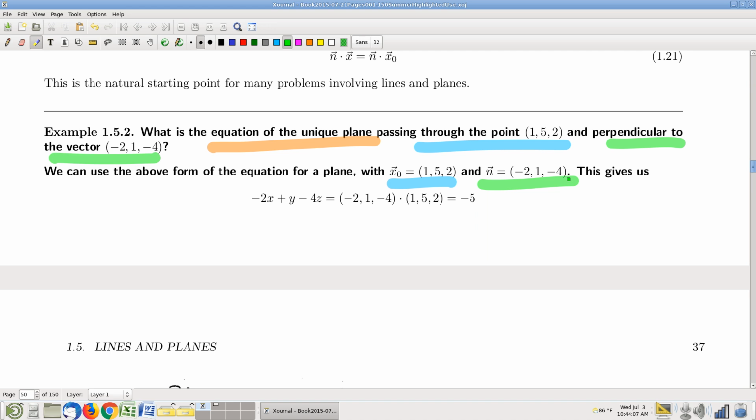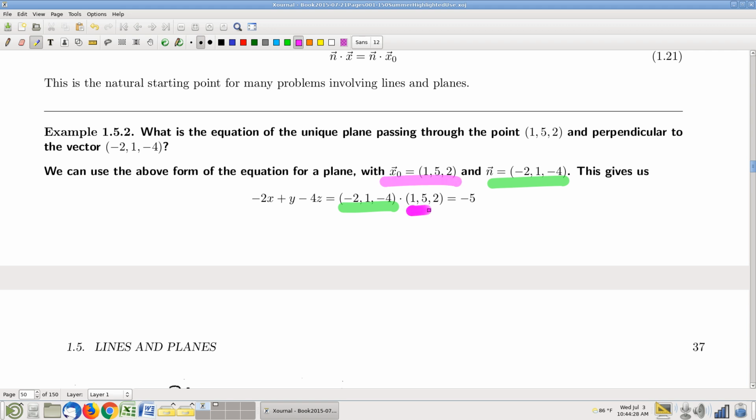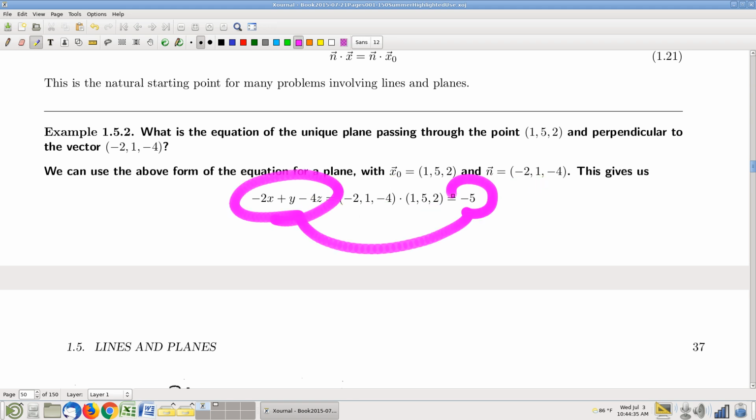Notice that the n are the coordinates, the coefficients in front of the x, y's, and z's. Right? And then, you do have to crank out the dot product on the right-hand side. So n dot x naught, some value. And there you go. Here's your equation of your plane there.